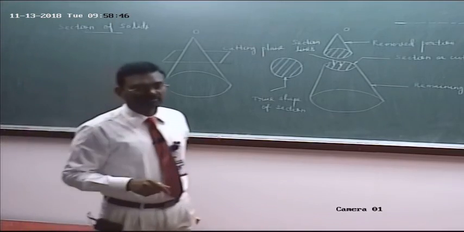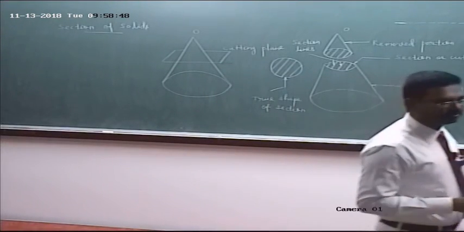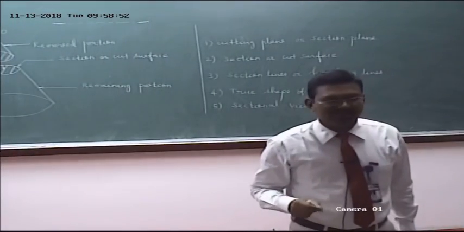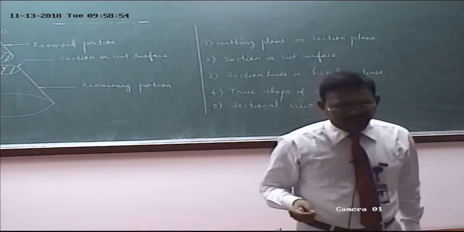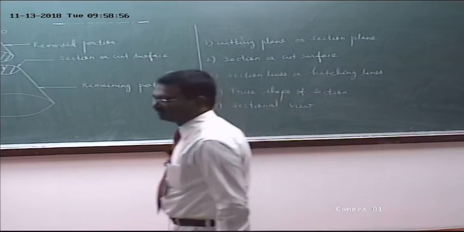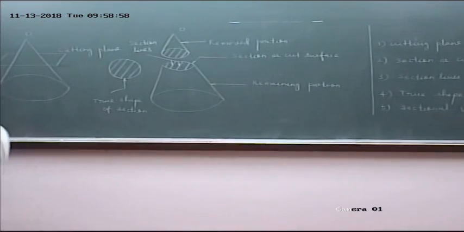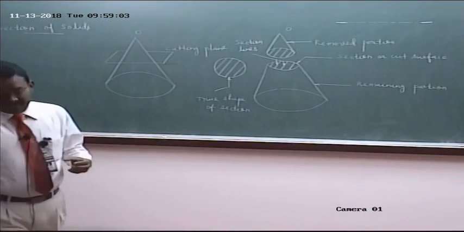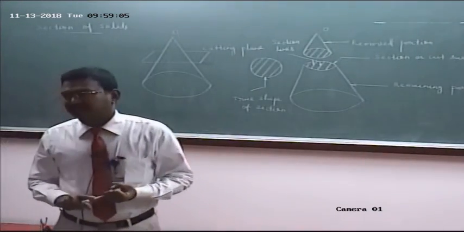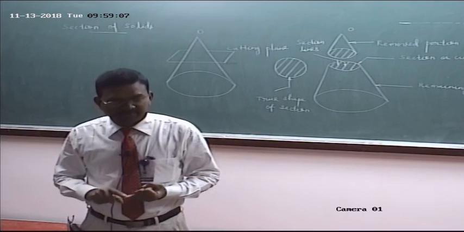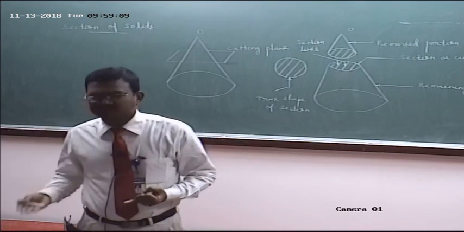That is why I told you the cutting plane is positioned perpendicular to any one of the reference planes and parallel or inclined or perpendicular to the other reference plane. There are 5 types of cutting plane. Did you get some idea about the cutting plane? The cutting plane is also known as the section plane. What do you mean by cutting plane? It is an imaginary plane.